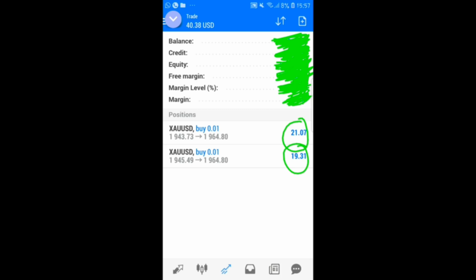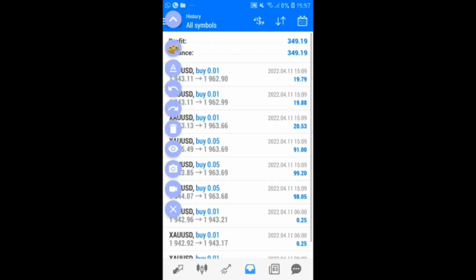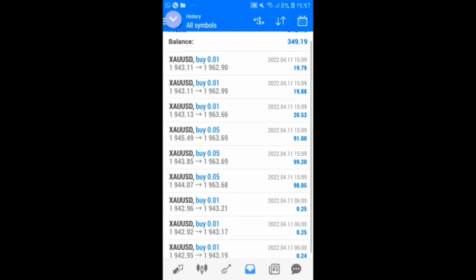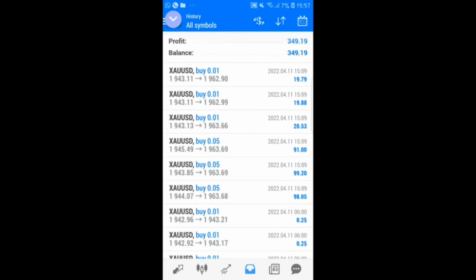So I just want to adjust my stop loss. You can see that my balance is that over there. And then you can see that already I have closed these trades. Already I've closed this for the day today, and also I have left the other ones running.